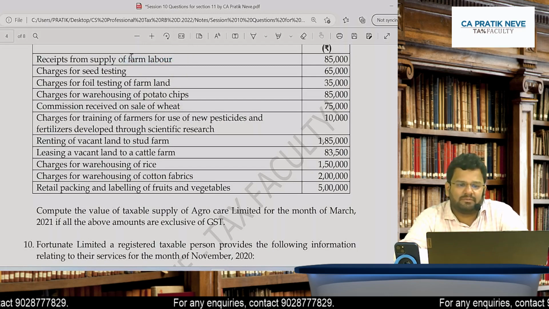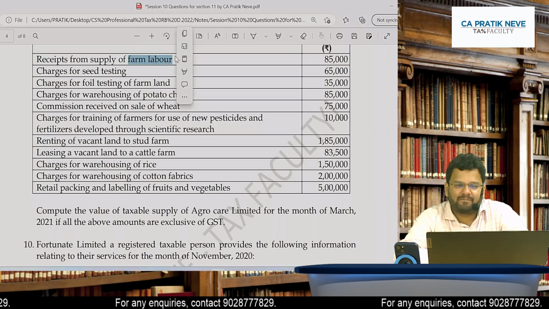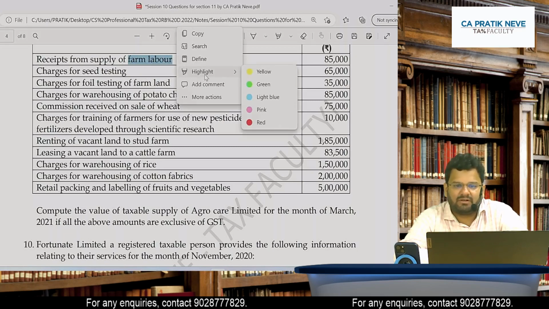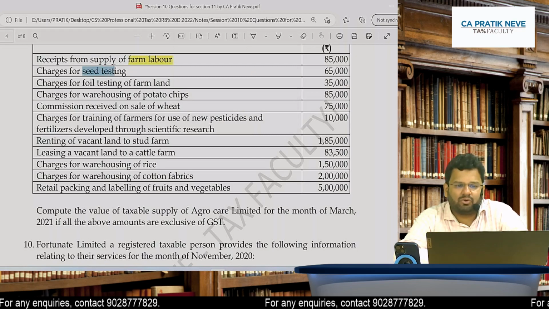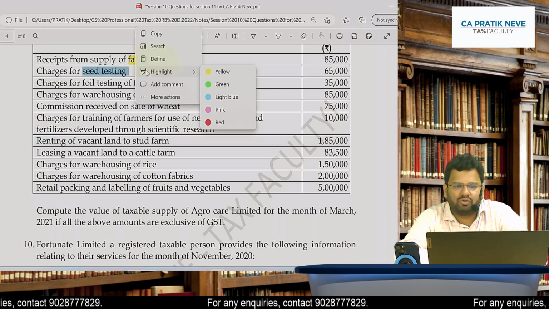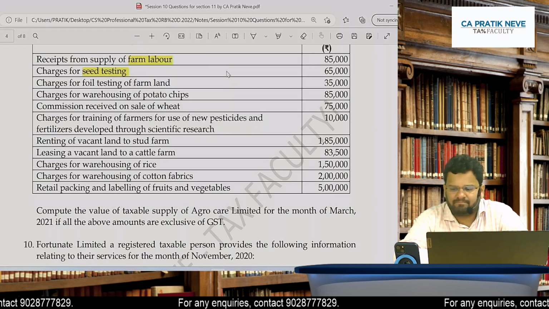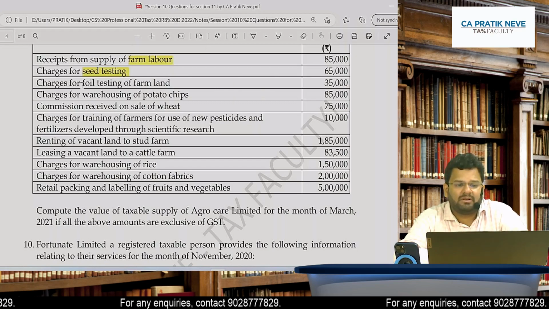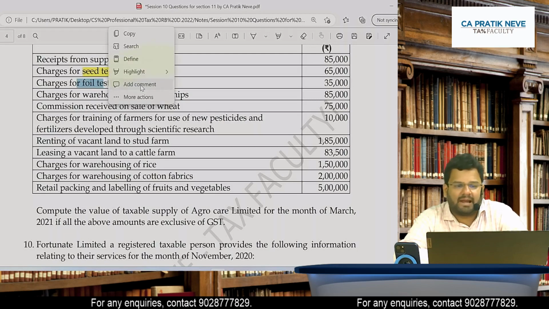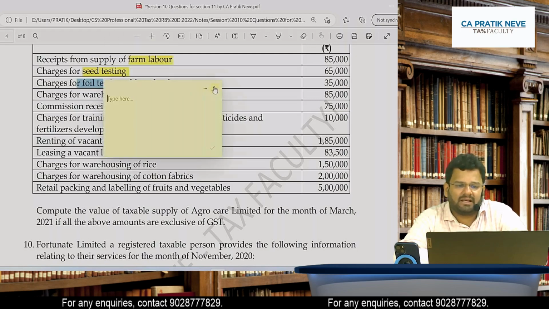Do you agree with me? Yes, wonderful. What about charges for seed testing? As I told you, agriculture related service directly, it is again exempted. Very good. Charges of soil testing, it should be soil testing of farmland. Again it is exempt.